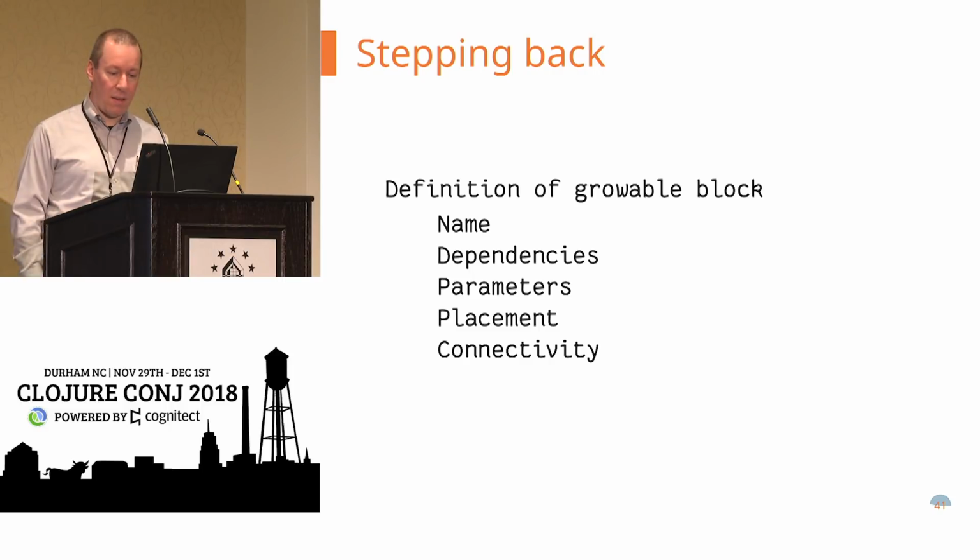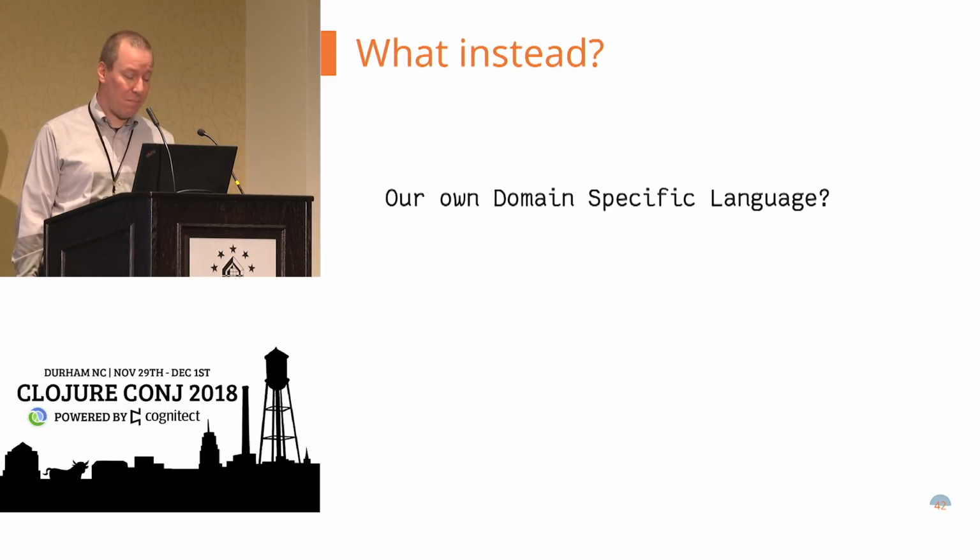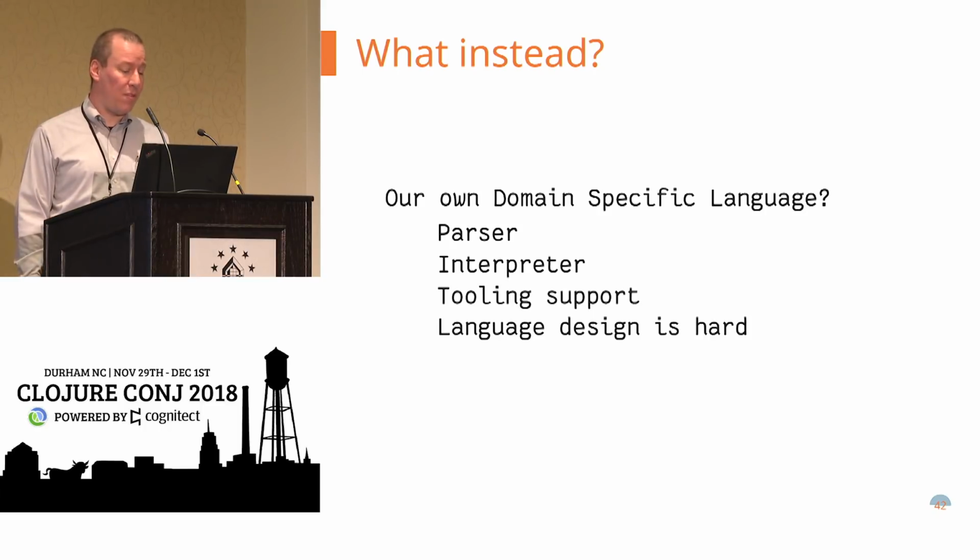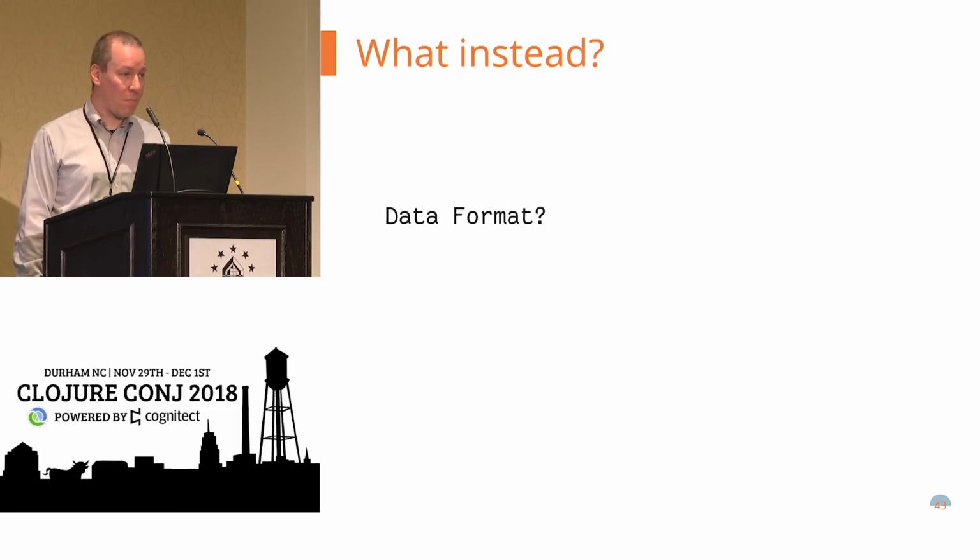And then there's some placement and connectivity information. And so if we're not going to write this in C, do we write our own domain-specific language? Well, that's a ton of work. Language design is hard. You need to build up a lot of your own tooling. And given that I'm trying to replace a working system, this needs to have value pretty quickly. So this is really going to take too long.